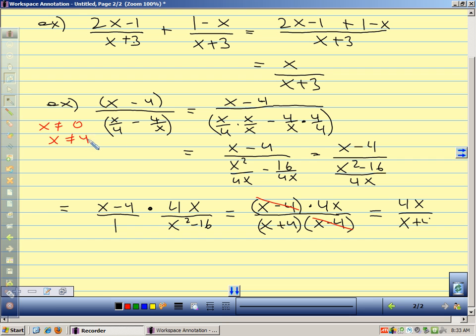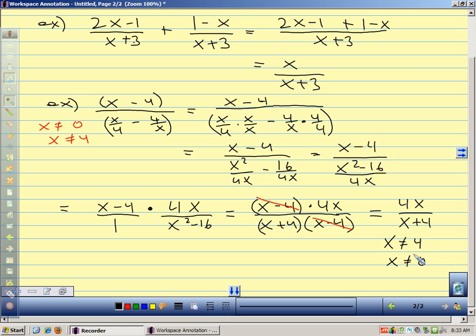And my domain restrictions, we said x can't equal 4. And we also have x not equal to 0. Right, so what we need to be careful of, this tells us that x can't be minus 4.